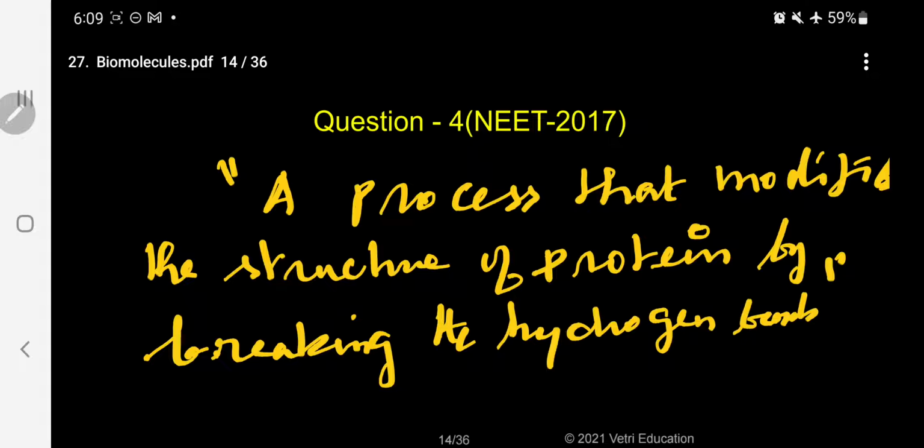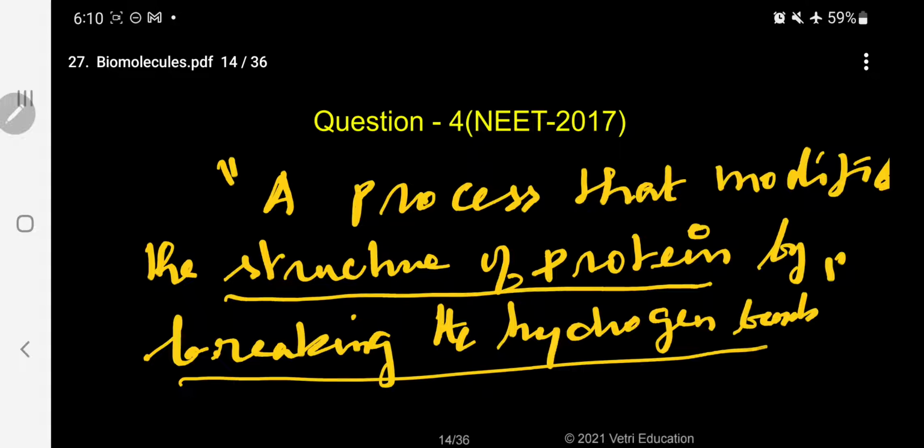Kindly follow. So, what is denaturation? You must know. Denaturation is a process that modifies the structure of protein. In what way? By breaking the hydrogen bond. Only hydrogen bonds are keeping the protein molecule in its structure. Okay. So, this is actually the correct answer.